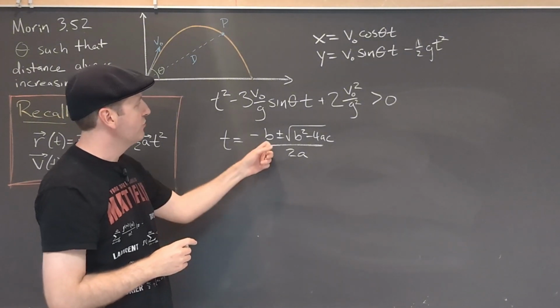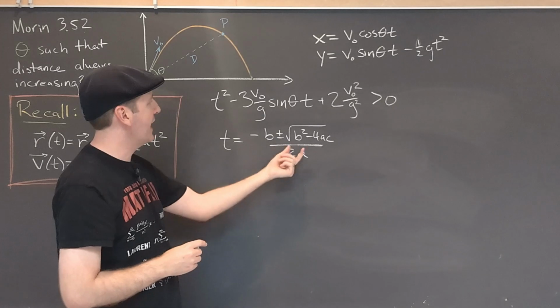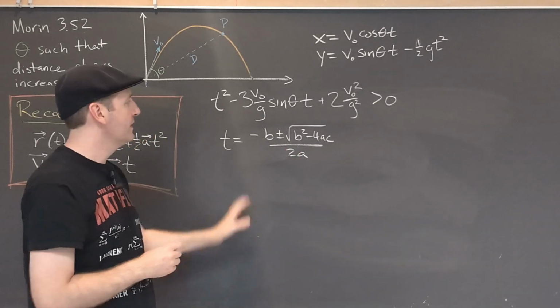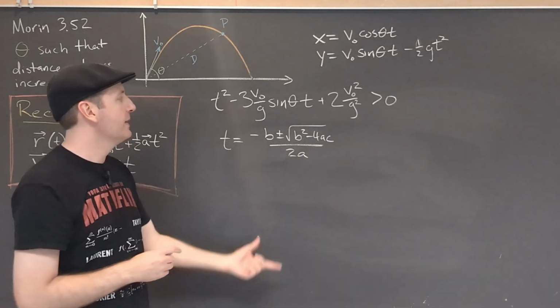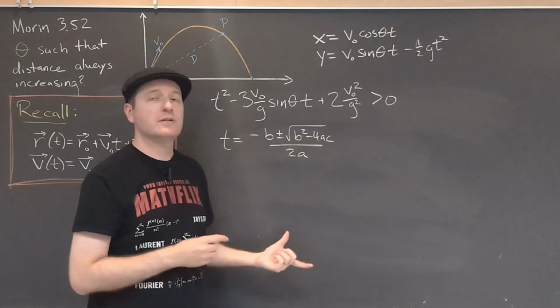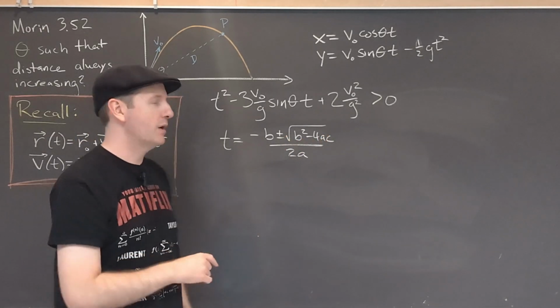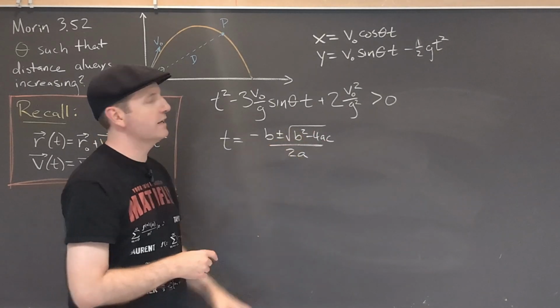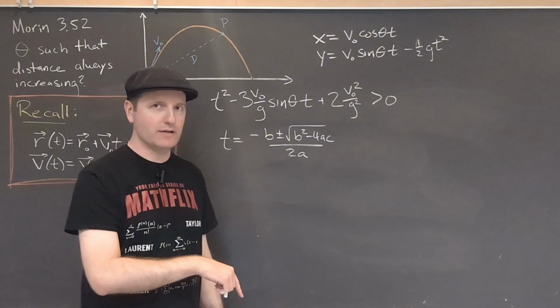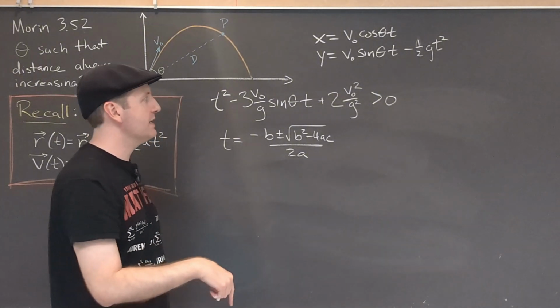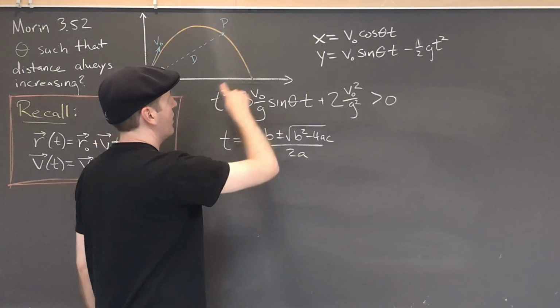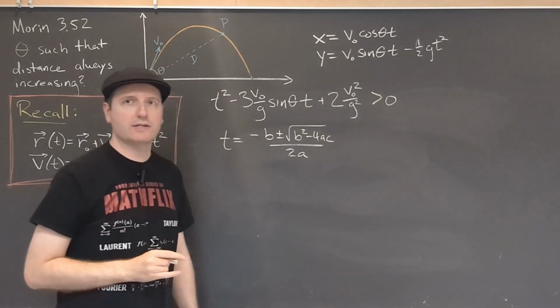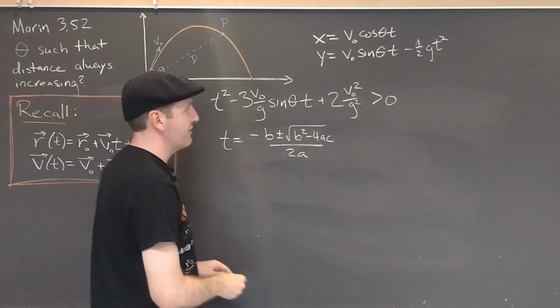As such, the b term here and the a term, which in this case is just 1, those are real. We have no issue. It really all boils down to looking at the discriminant of this polynomial. If I can arrange for the inside of this radical to be negative, that will guarantee that this quadratic is always positive. We can even think about this graphically.